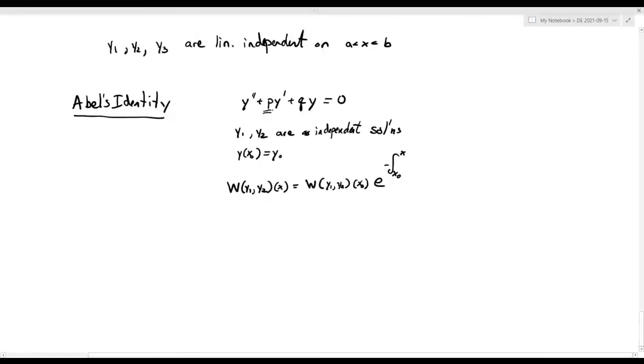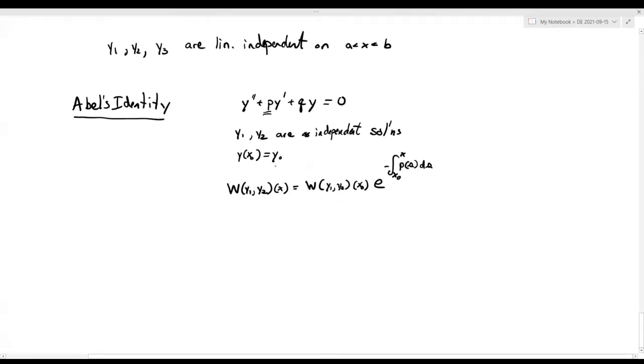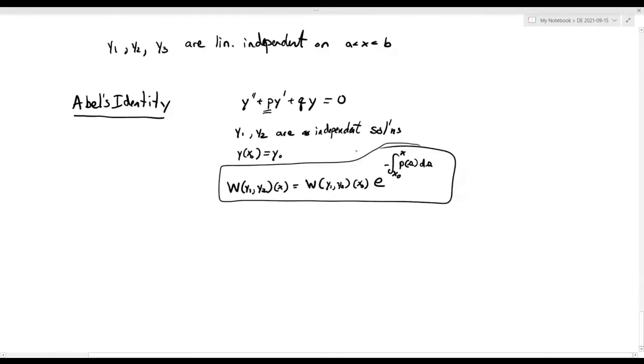What we're integrating is p, the function of x that multiplies y prime. I'll use a dummy variable, let's say s, for the integral. So that's Abel's identity. I won't indulge myself and try to prove it.